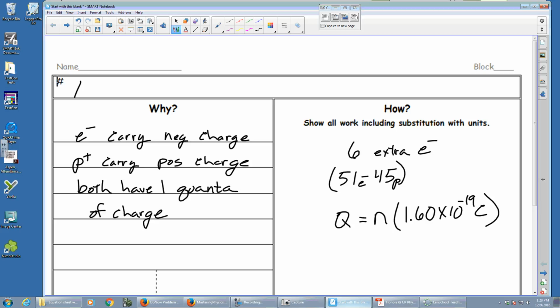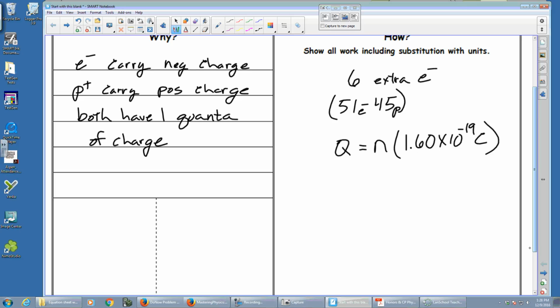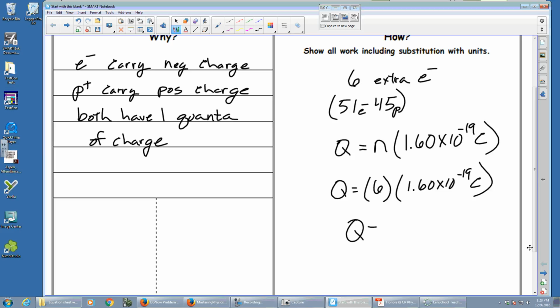A lot of times I'll write 1.602 because that's the number that I have in my brain. And so my answer is going to be my 6 and my 1.60 times 10 to the minus 19th coulombs. And I'll pull out my handy-dandy calculator. Now remember, you could have your own version of these open on the computer and actually be getting them done at the same time and have less to do outside of class.